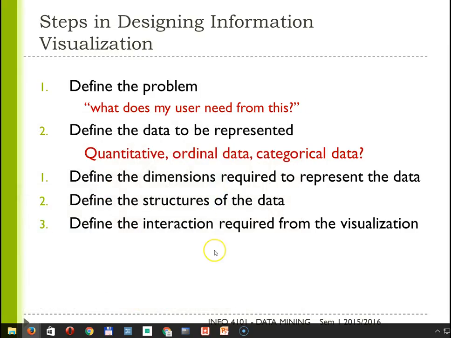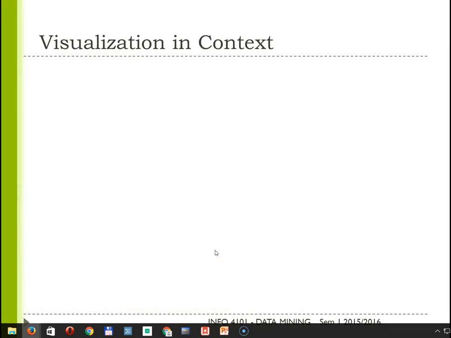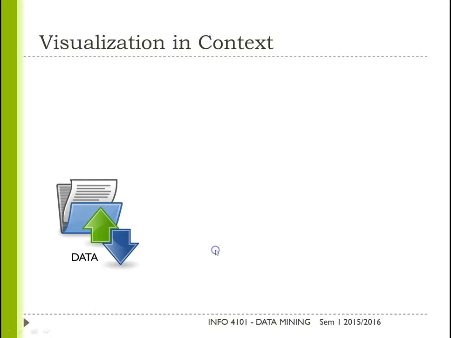Right. The last and the most important thing which I have to emphasize is visualizations in context. Now that you have a lot of data, you've got the data from different sources, you compile it, and then you have done some processing, some data mining techniques to configure what kind of issues you want to find out by selecting relevant attributes.